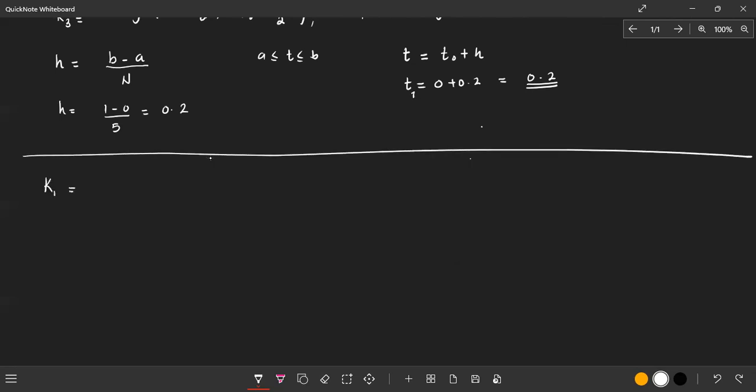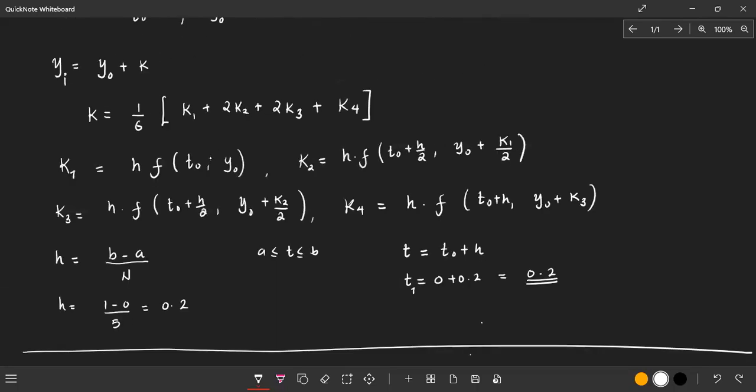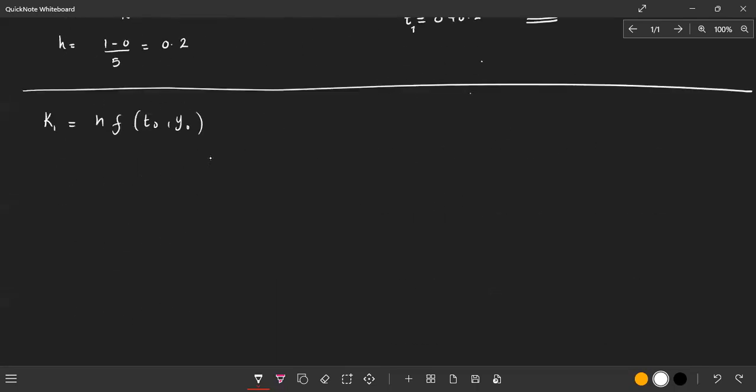remember that k1 is equal to h f of t naught, y naught. So what is our t naught? t naught is 0, so our h is 0.5. So f of 0, comma, y naught is 1, right? So we just have to substitute 0, 1 in our function. Remember that our function f of t, y is just given by t squared, y plus 1.